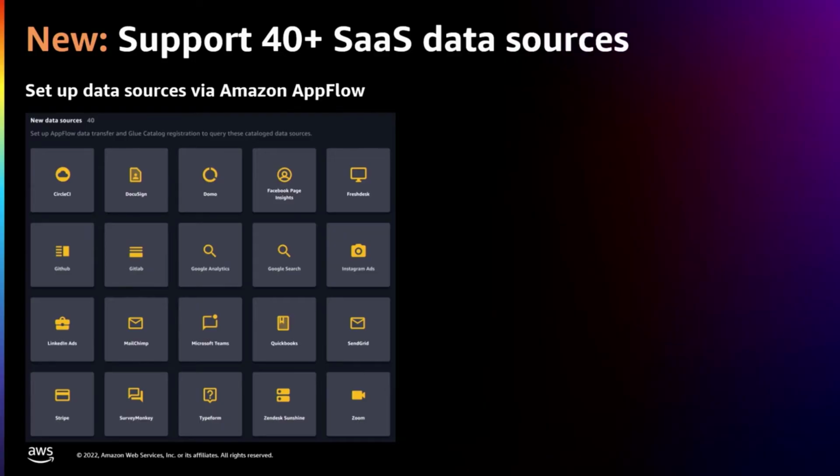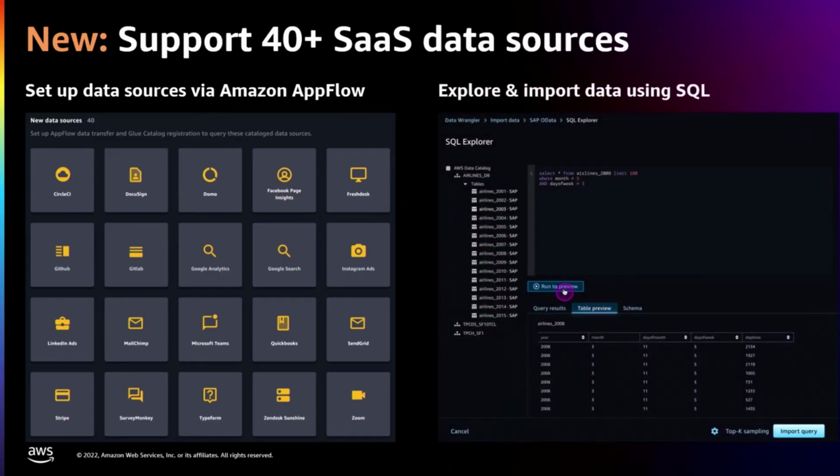You can then register the data in the Glue data catalog, and as soon as that happens, Data Wrangler will automatically show all this new data source to your machine learning practitioner. They can then seamlessly explore and import data using the same interface that they have with other data sources. So, a seamless way to import more data for machine learning.